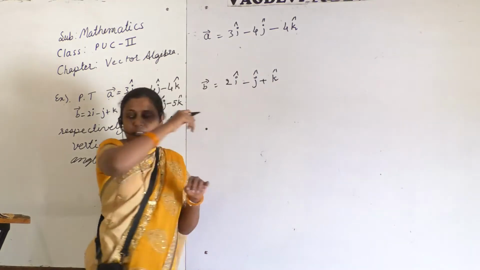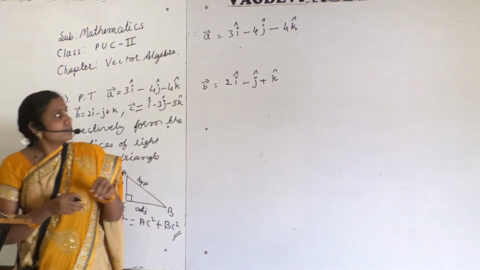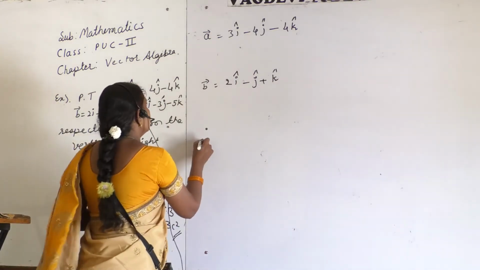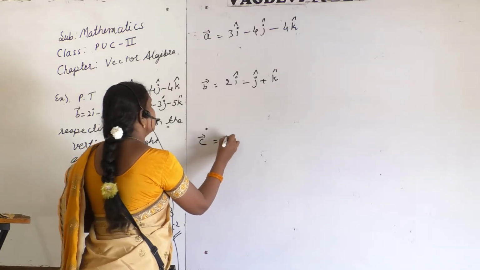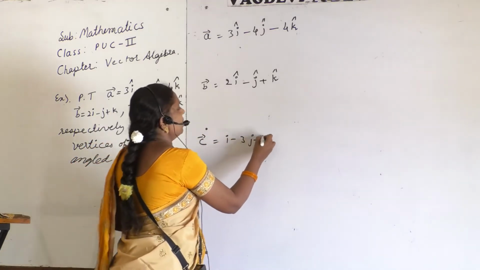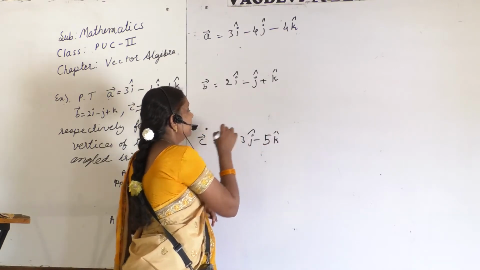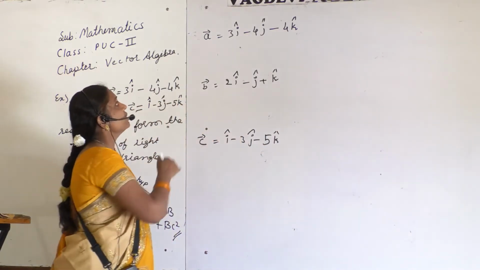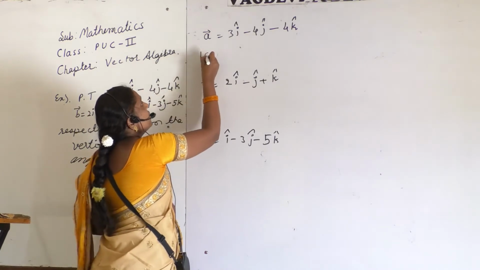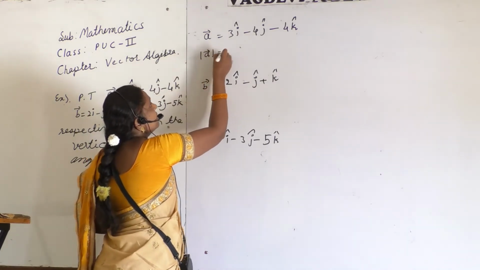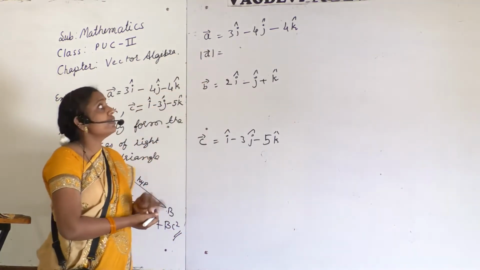Let me check, is it minus j or plus? Okay, minus j. C is given as i minus 3j minus 5k. Can anybody tell me how this is going to be solved further? Mod A you have to find out. Am I right? That is length A, magnitude A.